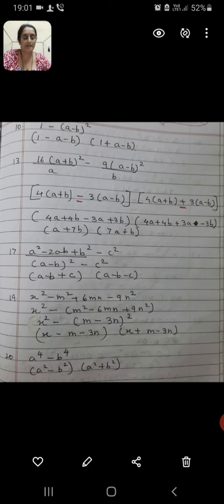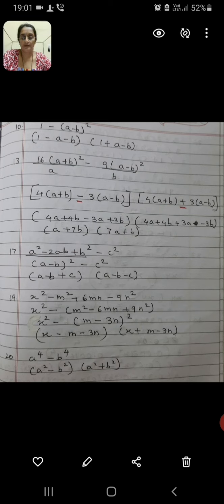So 4(a plus b) plus 3(a minus b). When you open it, you have to change the signs. So 4a plus 4b minus 3a plus 3b. The second bracket will be 4a plus 4b plus 3a minus 3b. When you take it as common, that will be 7a plus b, 7a plus b. So that is your answer.